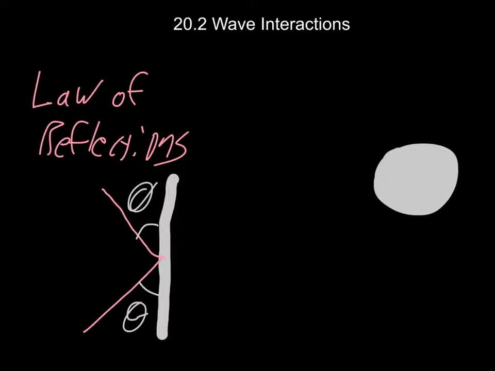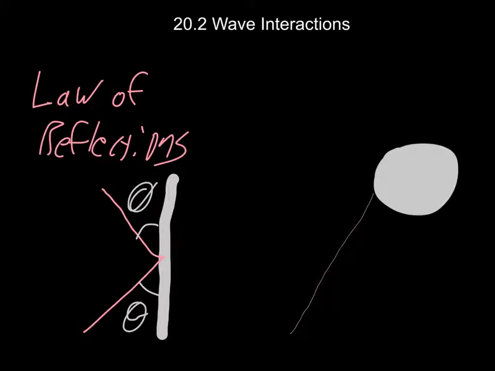So if we have an incident light ray that comes over here from the right, comes up this direction, that is way too big for a light ray. Why are you so fat? Okay, so it comes over here from the right, and it hits at this point right here. Actually, let's make it hit at this point right here. What direction is this going to reflect at?